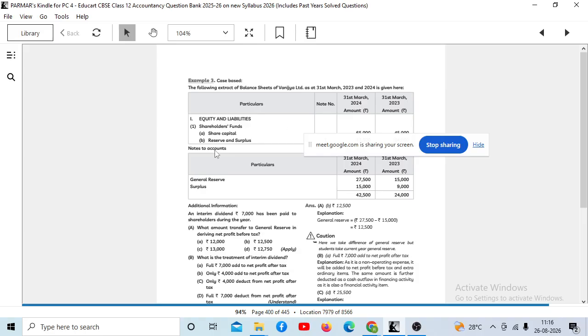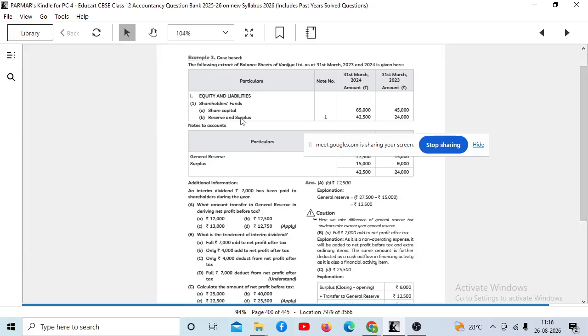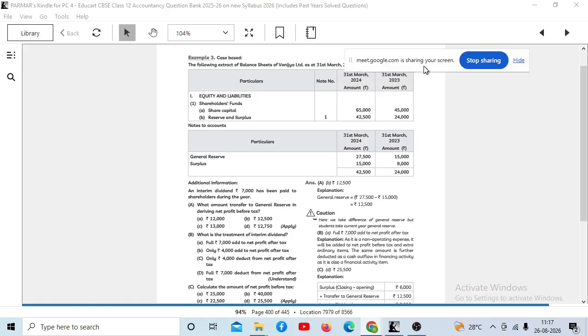Okay, so they had given us equity and liabilities. In that, under shareholders' funds, there is a share capital of 65,000 and 45,000. There are reserves and surplus of 42,500 and 24,000. Okay, then they had given us notes to accounts.